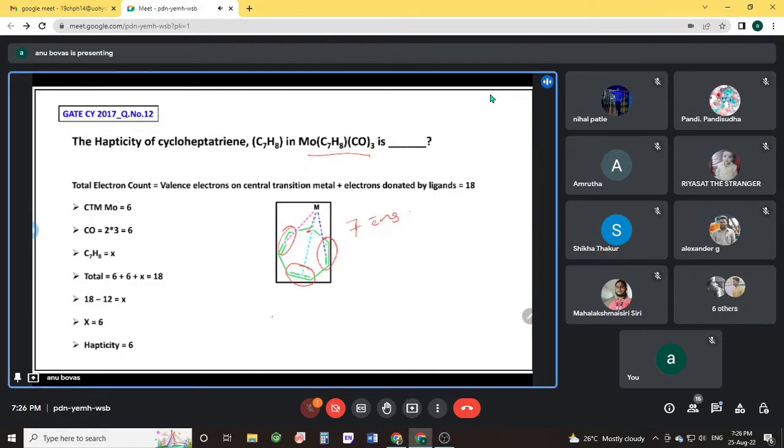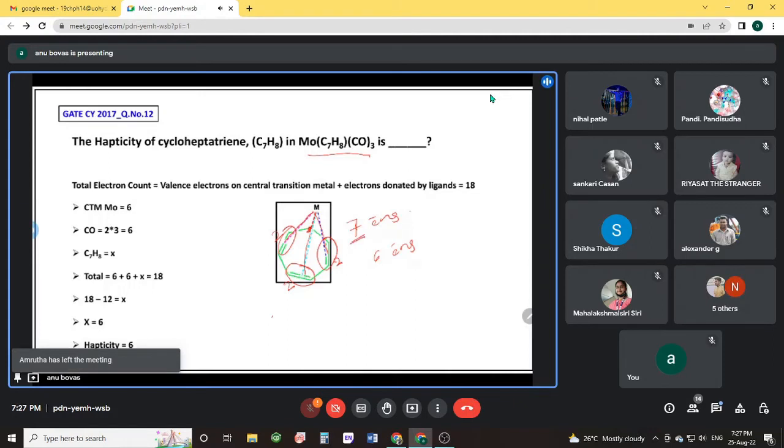Shikha, the maximum hapticity is actually 7. It can donate 1 or 3 or 5 or 6, any number of electrons. For example, if it donates like this, it will be 7. But if it donates only the first 2, it will be 2, second 2 also, 4, third 2 also, 6, so that the total number of electrons can be 6.